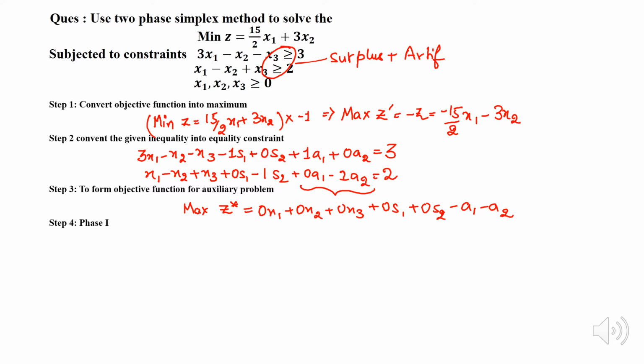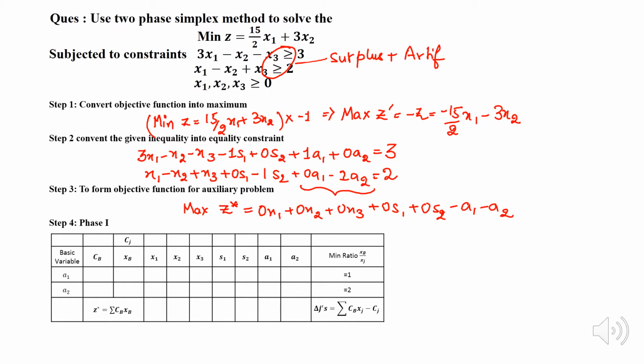Now the next step is to form phase 1. In phase 1 we are going to form the simplex table, where the basic variables are my artificial variables a1 and a2, and their coefficient value in the objective function is -1. Similarly, here we are writing the variables' coefficients in the objective function: 0 0 0 0 0 -1 -1.